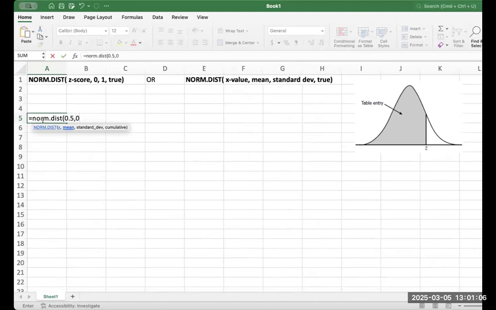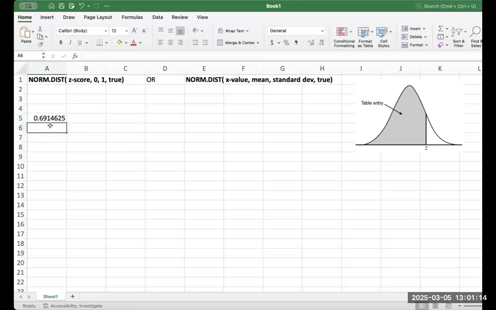The mean is 0. The standard deviation is 1. And we're going to type true and hit enter. And you see we get that same percentage, 69.146%, or 0.6914. So the answer, whether we use the z-table or Microsoft Excel, is the same thing.